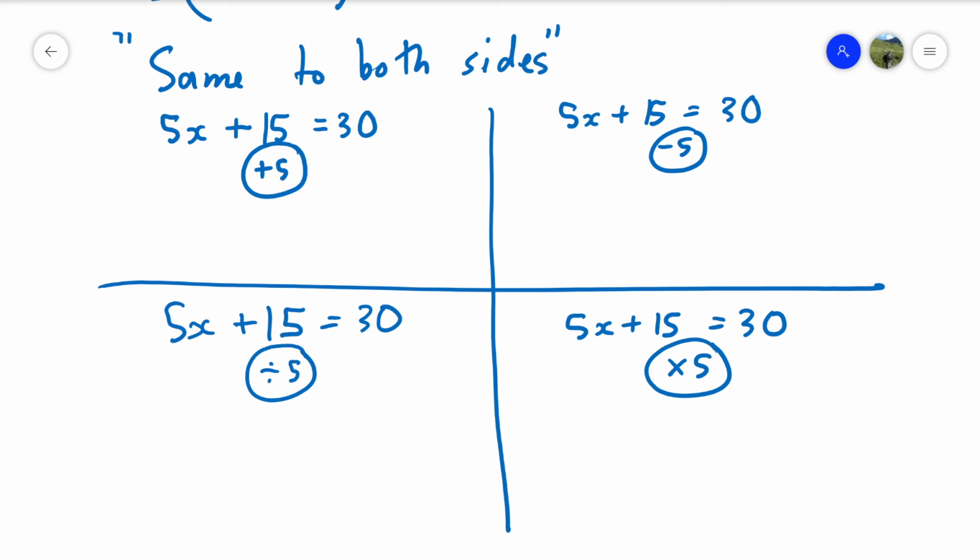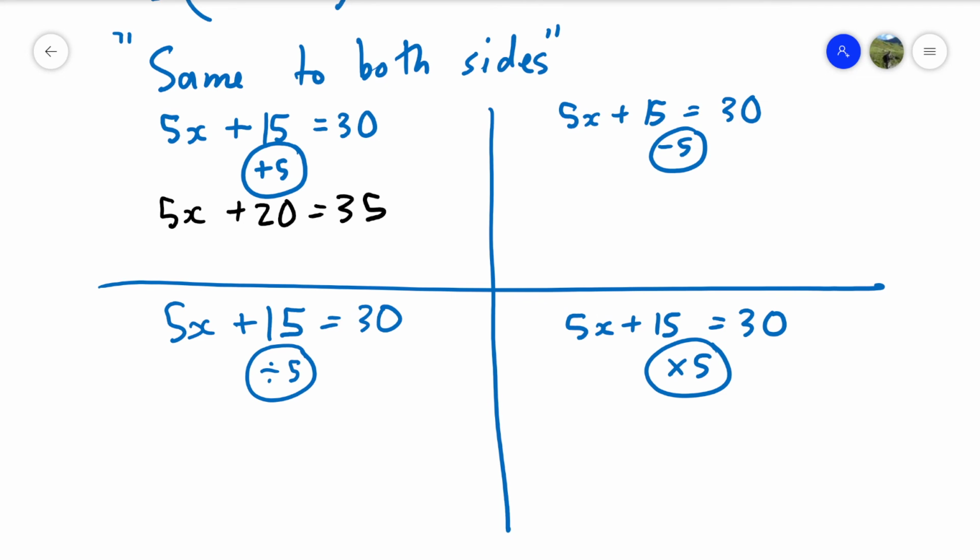I'm going to do the answers in black. Plus 5. Well then that would be 5x plus 20 is 35. You kind of happy with that? Not convinced?